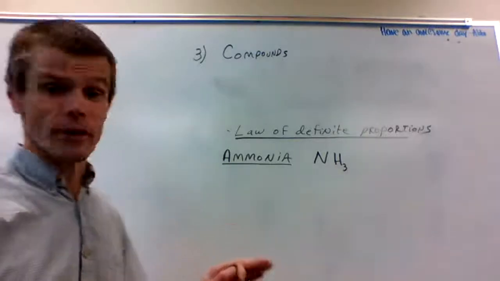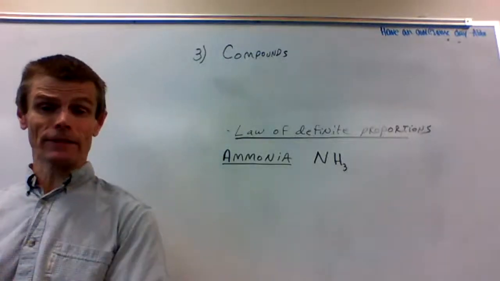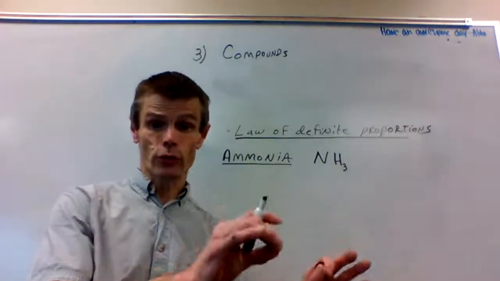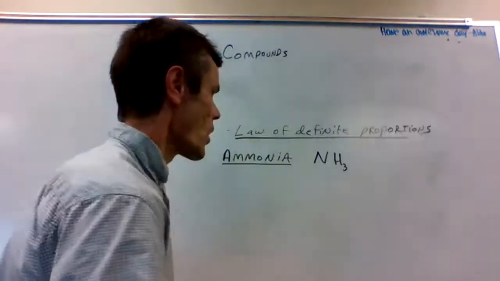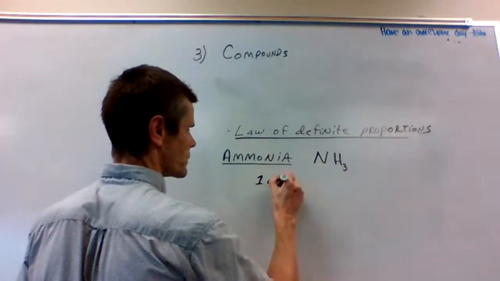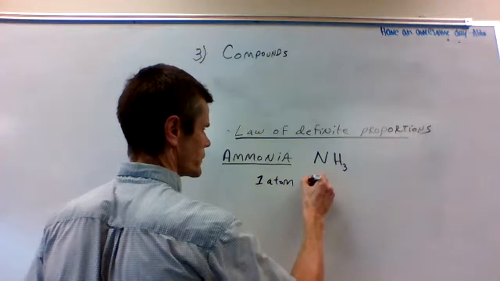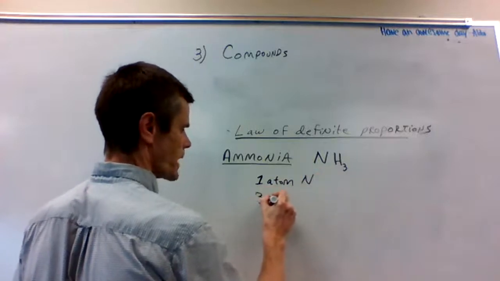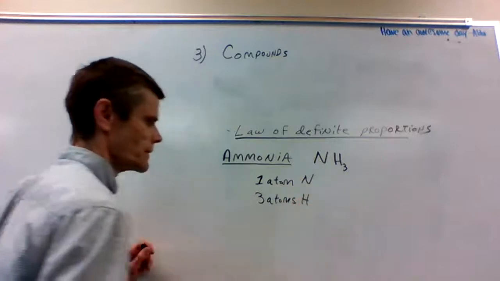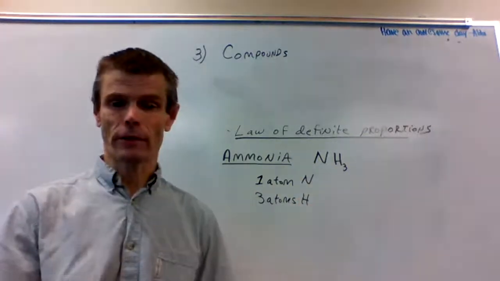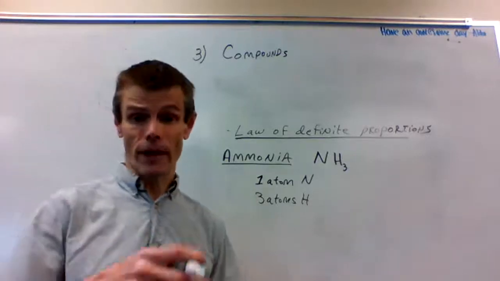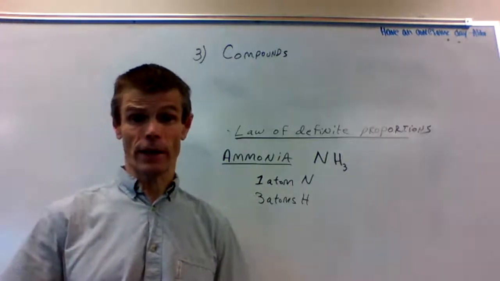And what this tells us is that wherever we collect this sample of ammonia, remember we discussed this when we were introducing pure substances, all samples of ammonia have 1 atom of nitrogen combined with 3 atoms of hydrogen. And this ratio is constant. For every sample of ammonia, there's 1 atom of nitrogen for every 3 atoms of hydrogen associated with it.